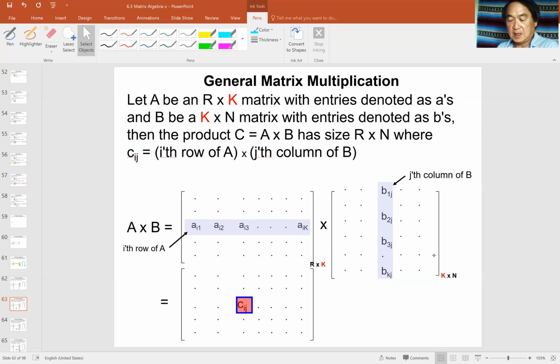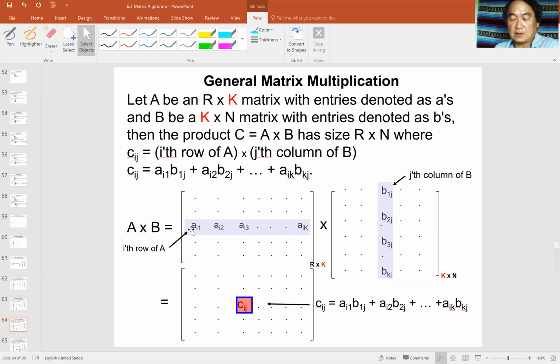That is, you multiply the first entry of A times the first entry of B, and so on, and add them up. That gives the ijth entry of the product. In particular, the size of the finished product is R by N.